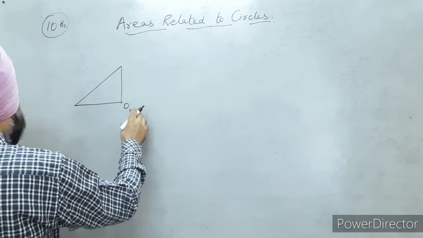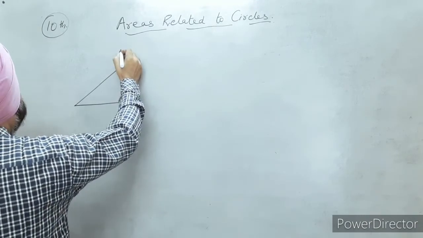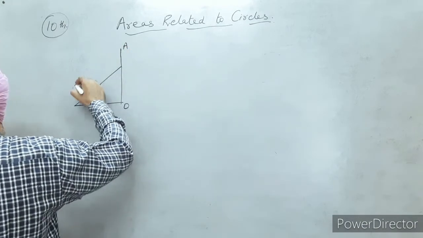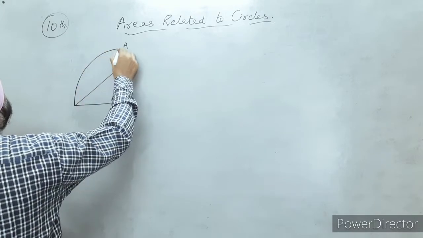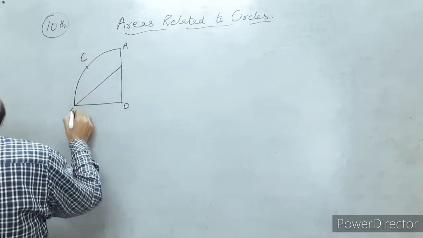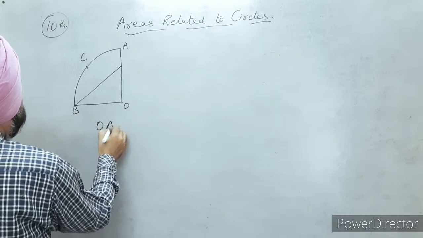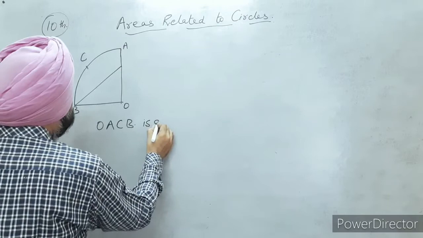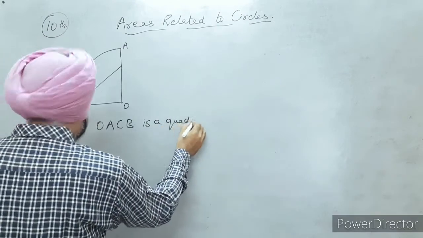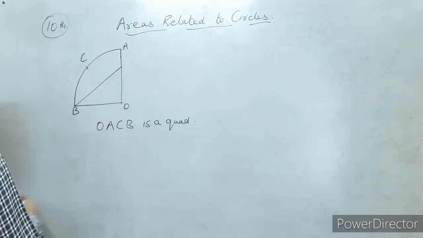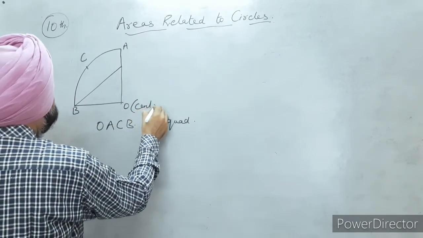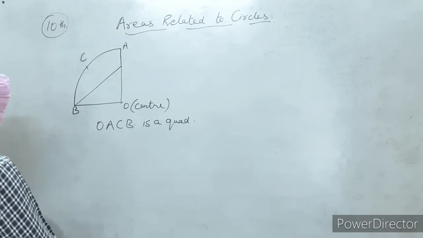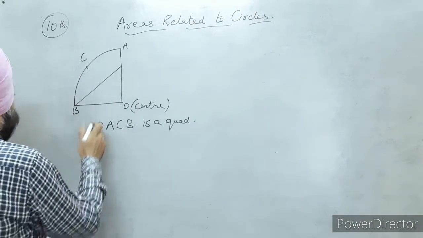OACB is a quadrant, given to us with center O, and the radius is 3.5 centimeter.